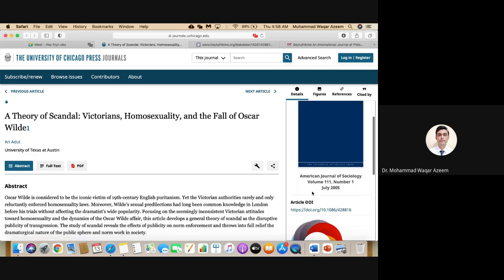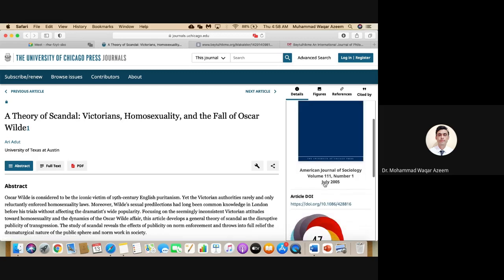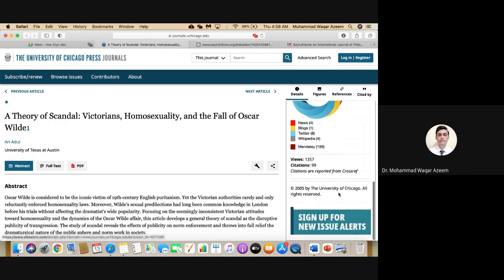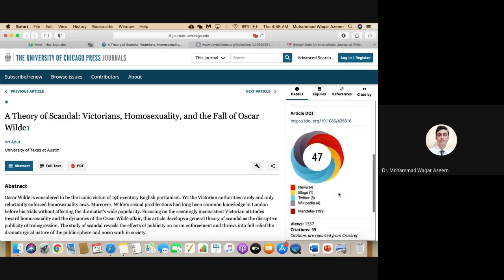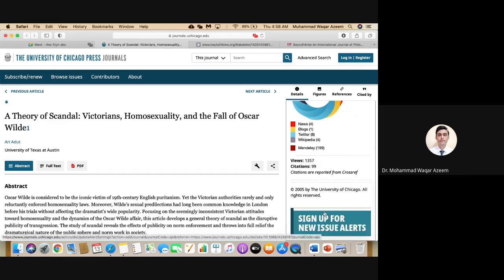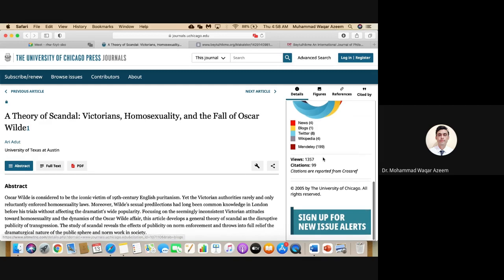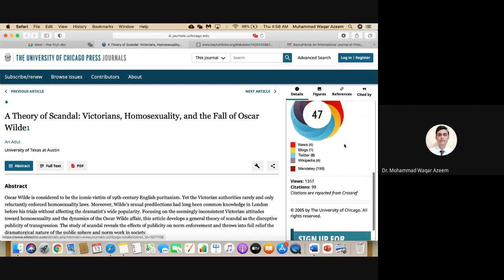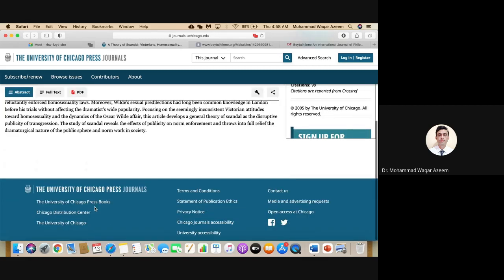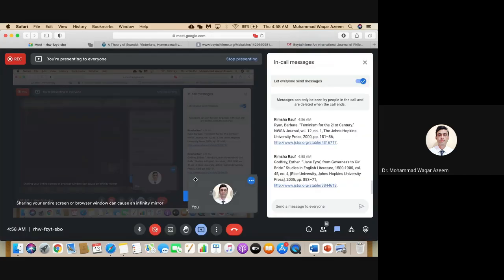All the information is over here, the journal number, and they have also given their citation matrix, that is, where this article has been quoted and how many times. So I think that is just fine.